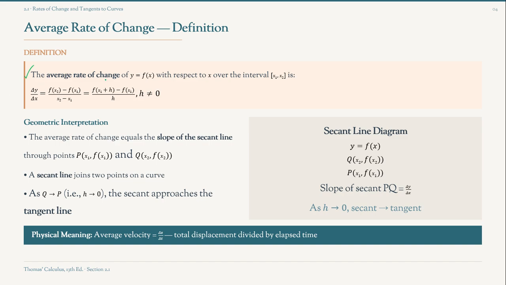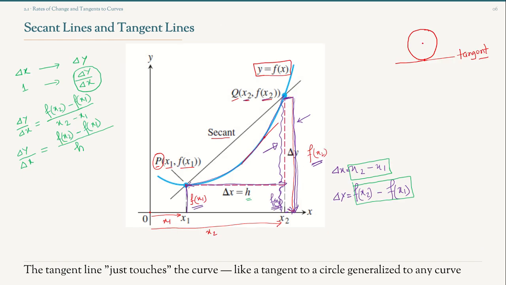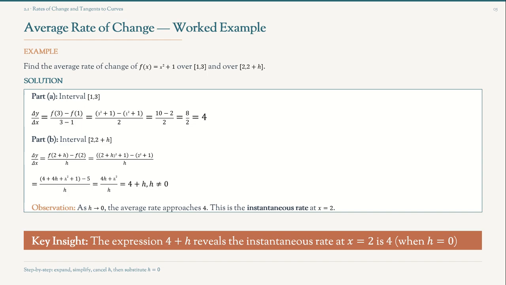So the average rate of change of y equals f of x with respect to x over the interval x1, x2 is this one.